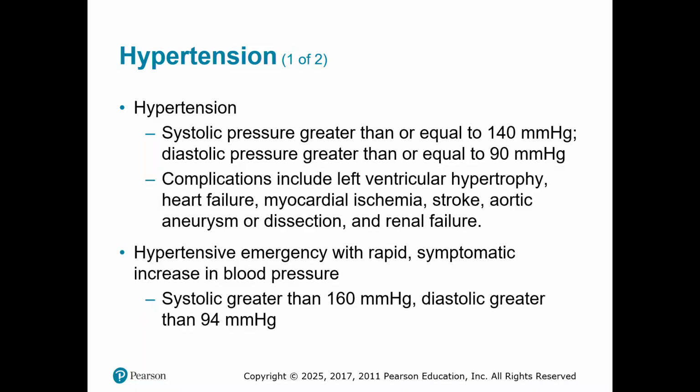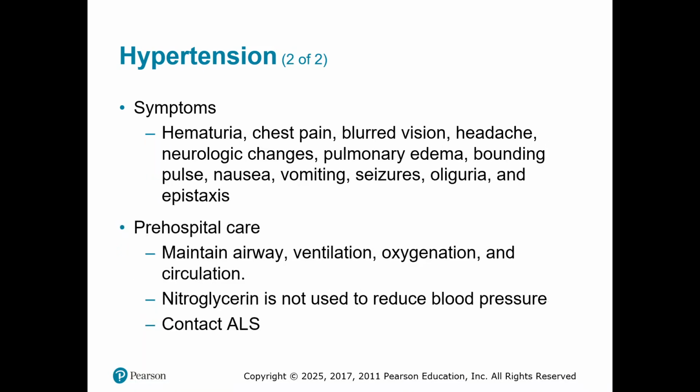Hypertensive emergency. Anybody that has a systolic greater than 160 or a diastolic greater than 94 is in a hypertensive crisis. We're not going to use nitro to treat that patient because nitro is a potent vasodilator, and we don't want to drop that pressure too quick because that increases the chances of stroke.